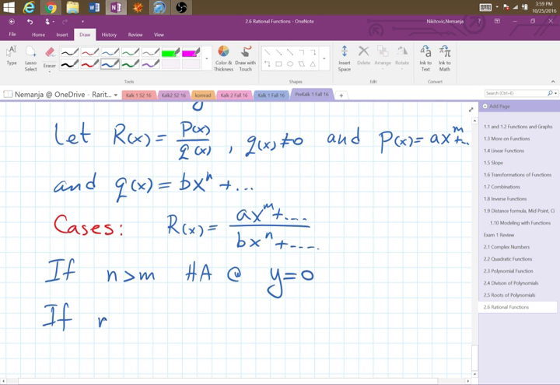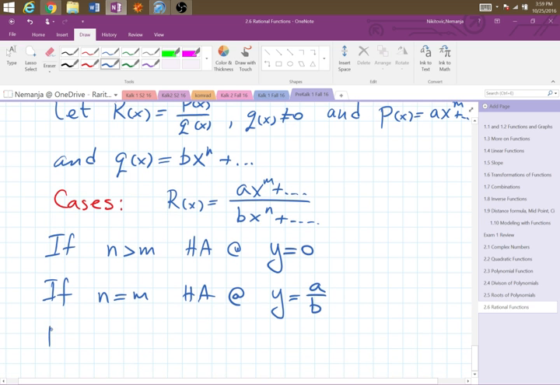If n is equal to m, the horizontal asymptote is at y equals a over b. And if m is larger than n, no horizontal asymptote. I keep switching them.